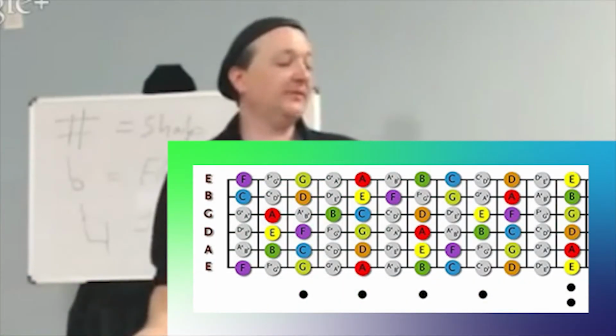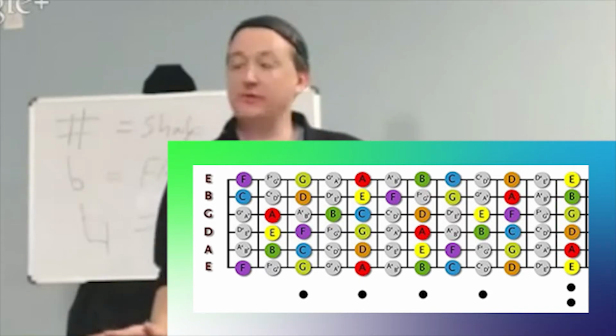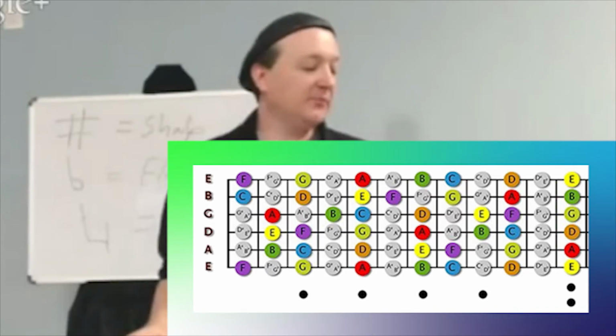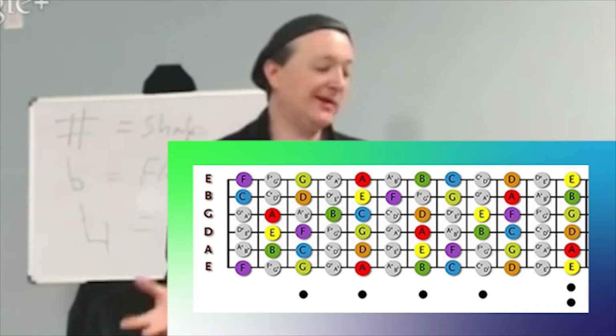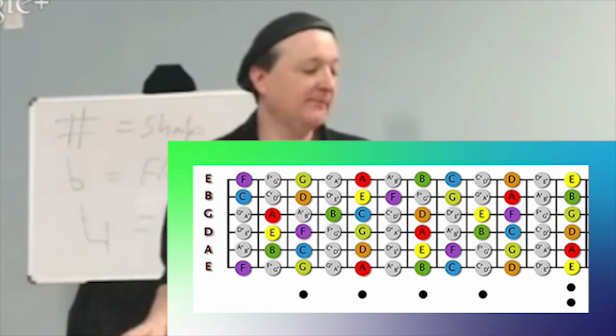So when you're looking at the fretboard, you'll notice that I colored all the F's purple, and I colored all the G's lime green, and I colored all the B's dark green, and so forth. And then all of the black key notes are shown in gray with their enharmonic spellings, right?